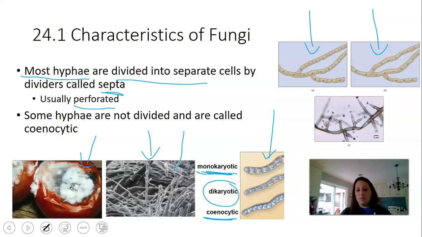Okay, so the vegetative state of multicellular fungi is composed of a mycelium, which is composed of hyphal strands, and those hyphal strands could be monokaryotic or coenocytic. And again, if sexual reproduction happens, then we can get the dikaryotic condition.